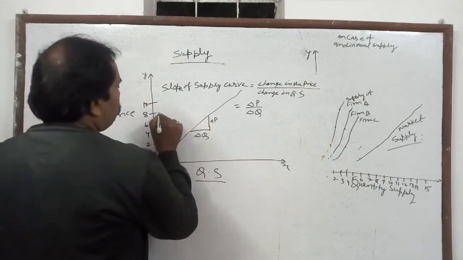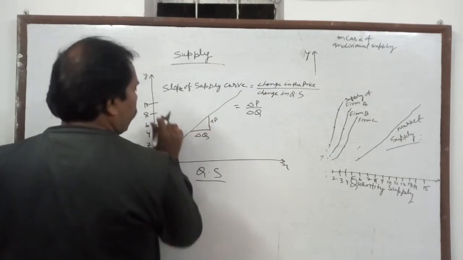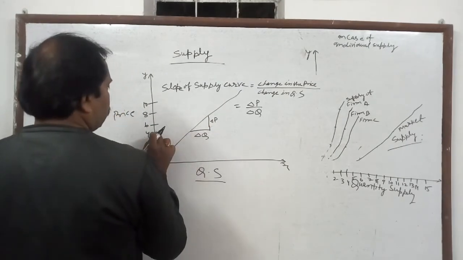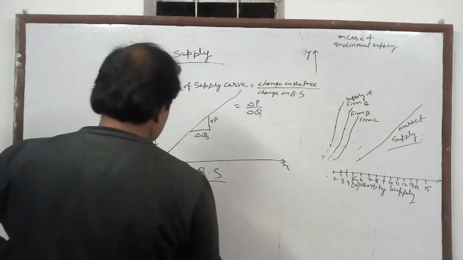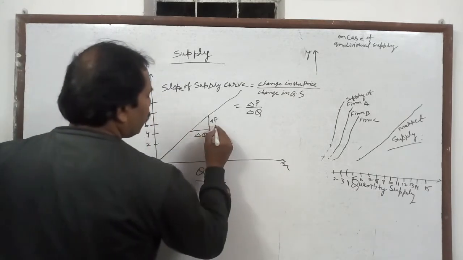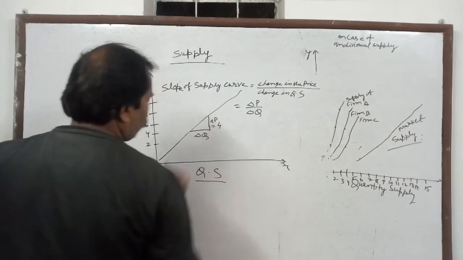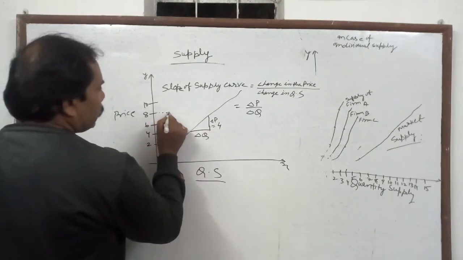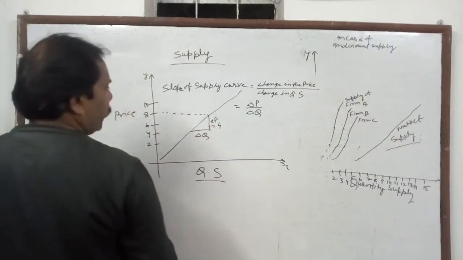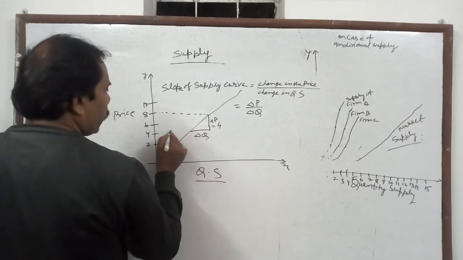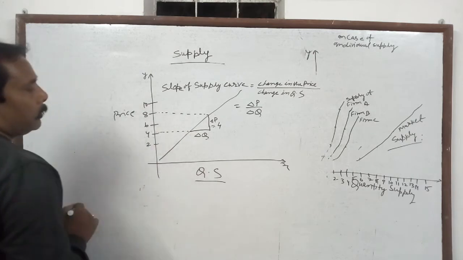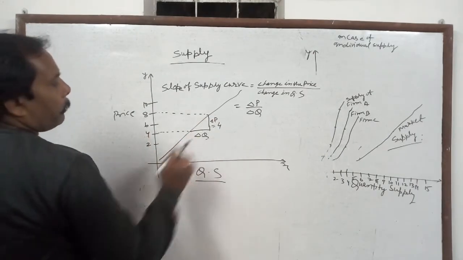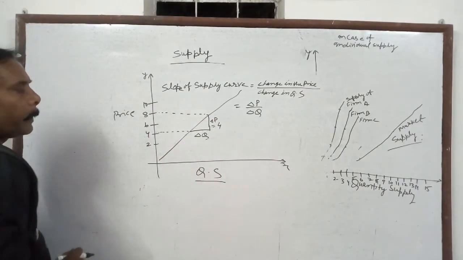So the price has changed from 8 to 4. Initially it was 8, now the price is 4, so delta P is equal to 4.